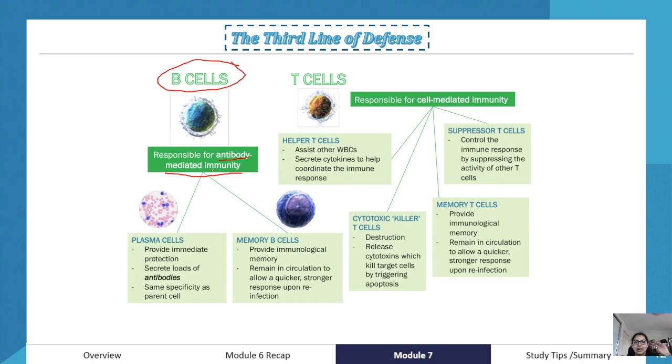I've recognized that it has different antigens. We've recognized that, and now we've made an antibody to it. So far, just keep that in mind. So the key words here are antigens and antibodies. So plasma cell provides immediate protection and secretes loads of antibodies to provide that immediate protection. We will talk about, that's not the whole process, it's a simplified process. We will go into it, but just for now, bear with me.